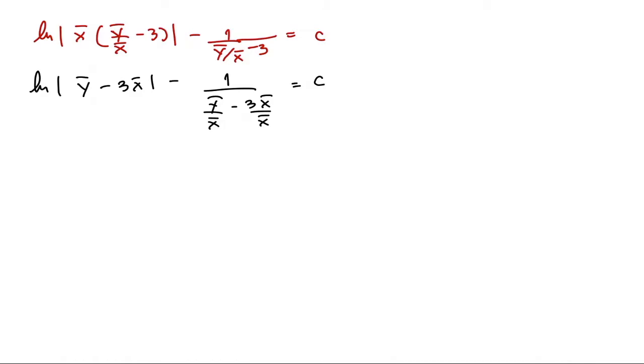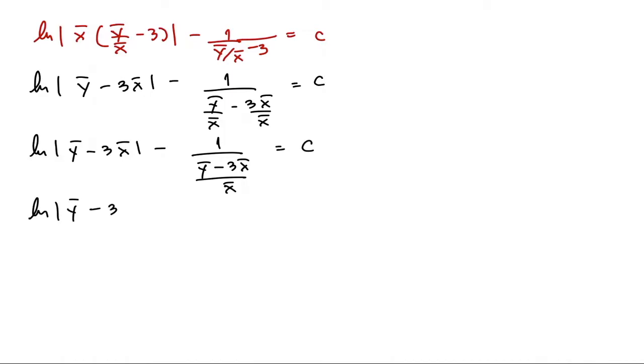So in that case, I have log of (y bar minus 3x bar) minus 1 divided by (y bar minus 3x bar divided by x bar) equals c, which is log of (y bar minus 3x bar) minus x bar divided by (y bar minus 3x bar).